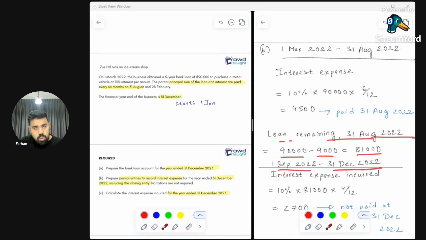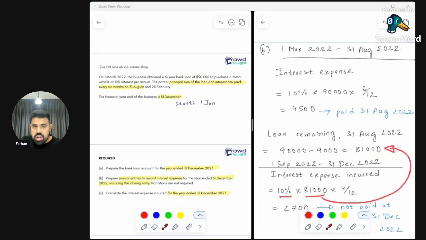So in between these 4 months, starting 1 September 2022 and ending 31 December 2022, I want to find the interest expense incurred, which will be 10%, the given annualized percentage, multiplied by $81,000, which was the balance left at 31 August 2022, all right? Multiply 4 over 12. This is because from 1 September 2022 until 31 December 2022, we've got 4 months.